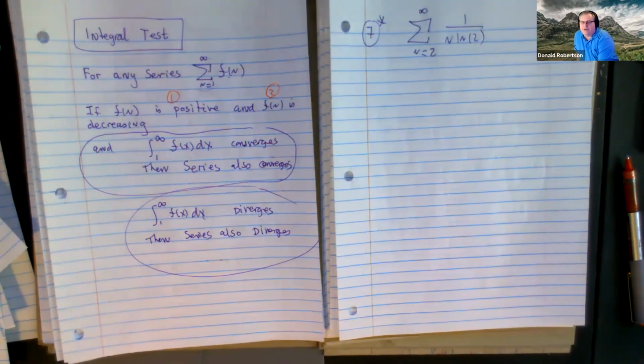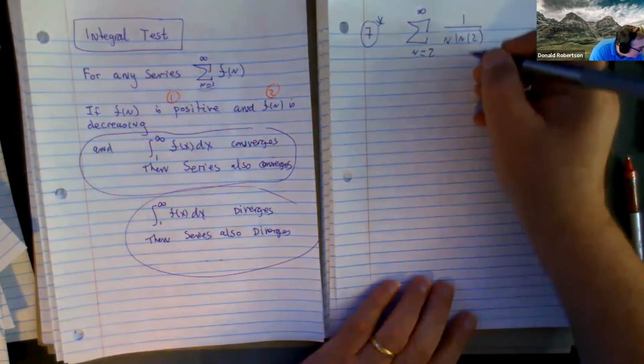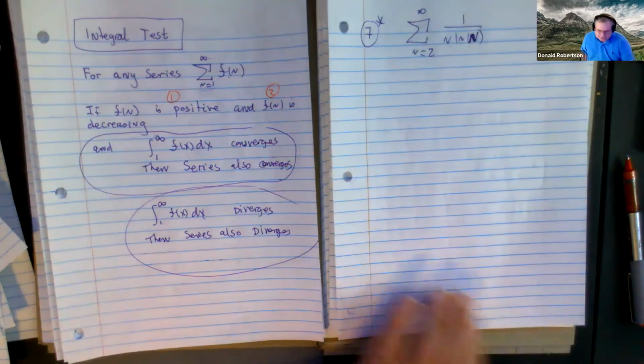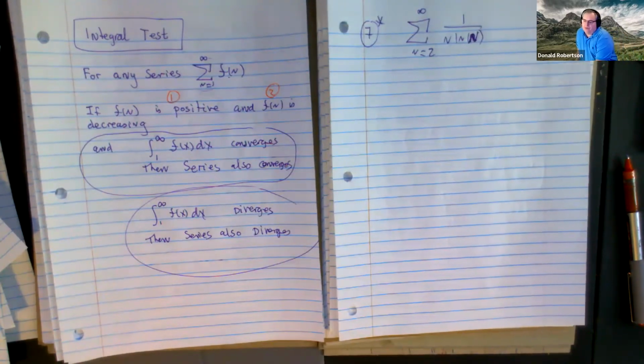Why does this series start at 2 and not 1? And by the way, that's meant to be an n.